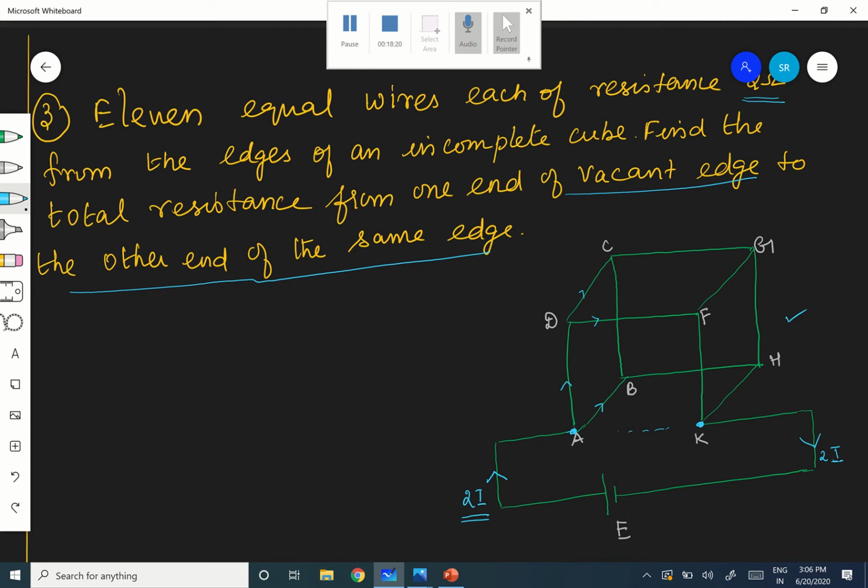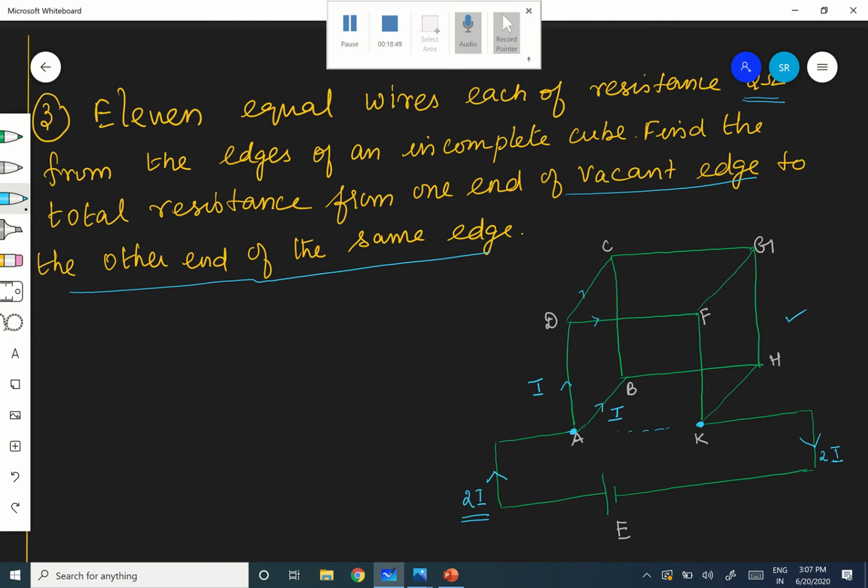That is why, to be on the safer side, if I take 2I as the total current from the source, then at A, 2I is going in, so away from A also 2I should go. Away from A, I along AB and I along AD.